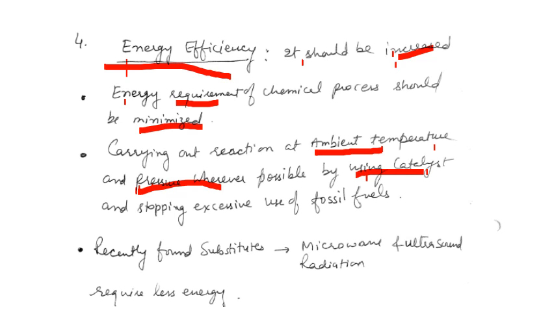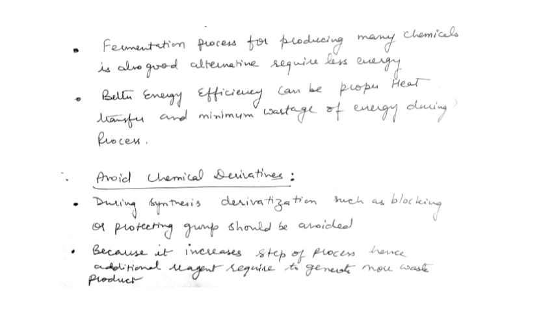And we can go for a substitute of energy use. If we want energy in the reaction, microwave radiation or ultrasound are substitute energy sources which require less energy. The next is fermentation.